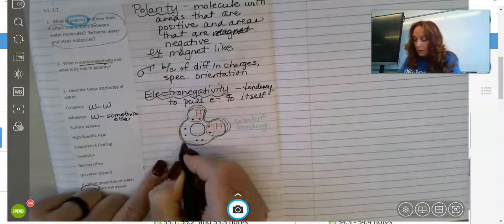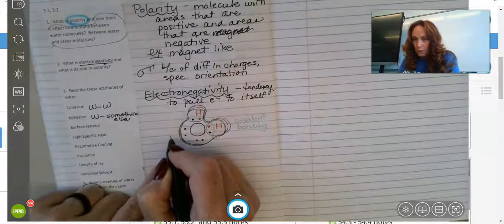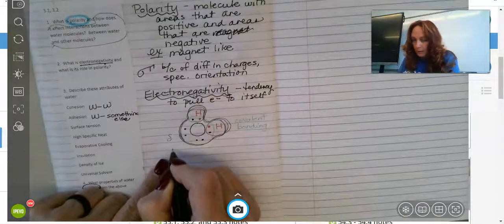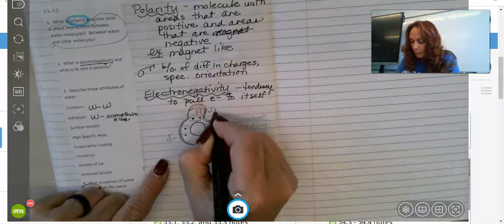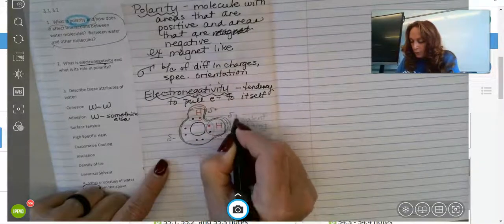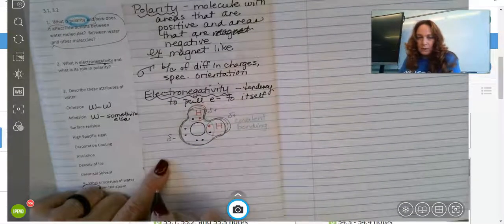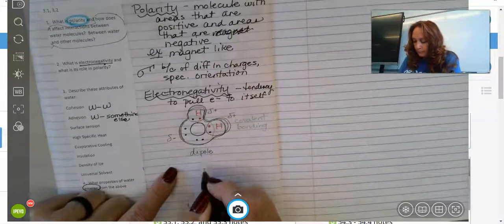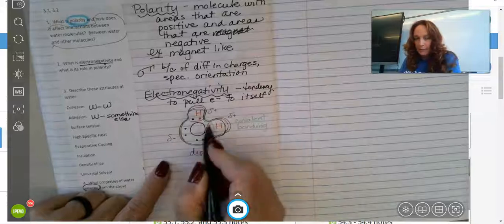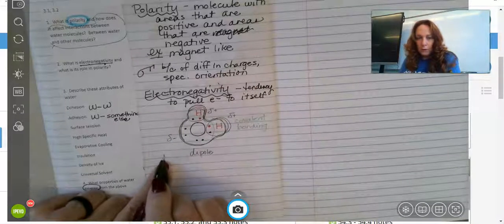So you end up with not a full charge, but a partial negative charge for the oxygen, and a partial positive charge for the hydrogens. So you get a dipole, which just means there's 2 poles. You have a negative and positive in water.